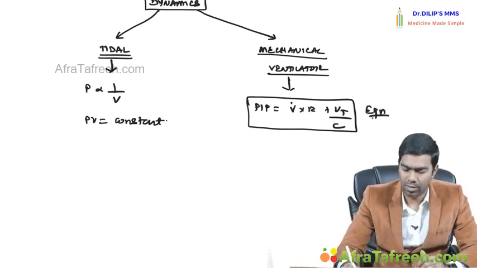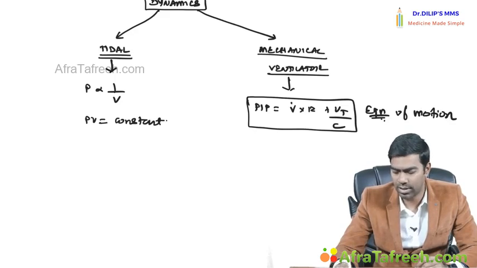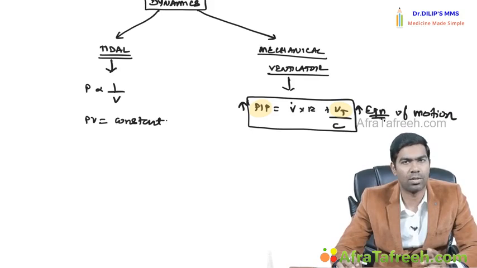This is also referred to as the equation of motion, where you can see volume and pressure as a direct relationship: if volume increases, pressure also increases, and if pressure increases, volume also increases. So it is very different from Boyle's equation. Clear? So don't confuse that in the first place. When the patient is on a mechanical ventilator, assume the situation is something different.